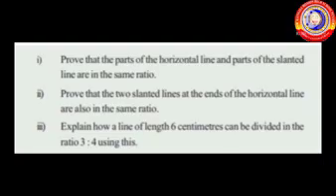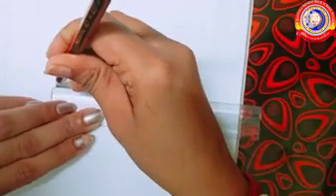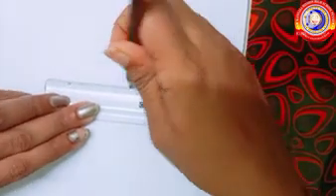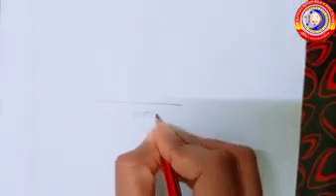Next, third part. Explain how a line of length 6 centimeters can be divided in the ratio 3:4 using this. Okay children, let's draw a line of length 6 centimeters. First of all, draw a line AC 6 centimeters long, and then at one end of this line, draw a line AB which is 3 centimeters.